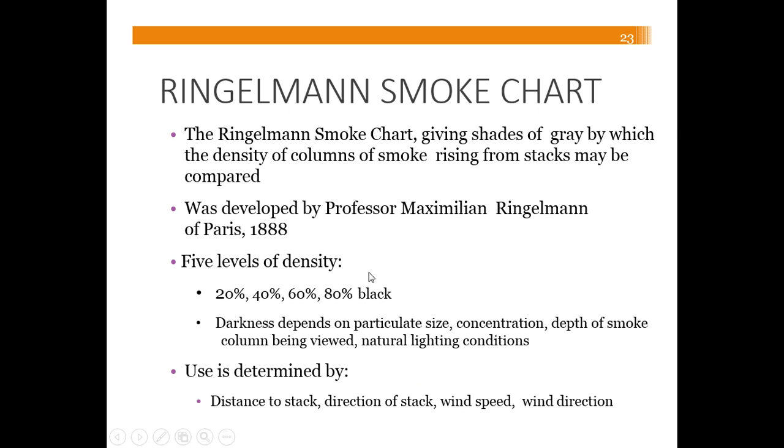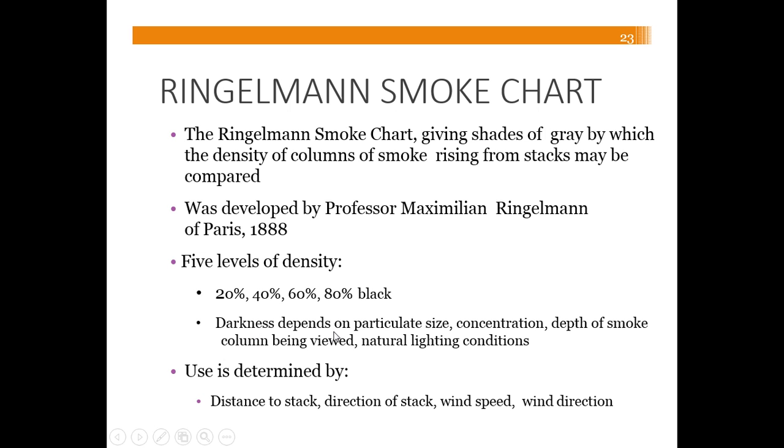It was developed by Professor Maximilian Ringelmann in 1888, and it has 5 levels of density: 20, 40, 60 and 80%, and beyond that it's considered black. How does it work?